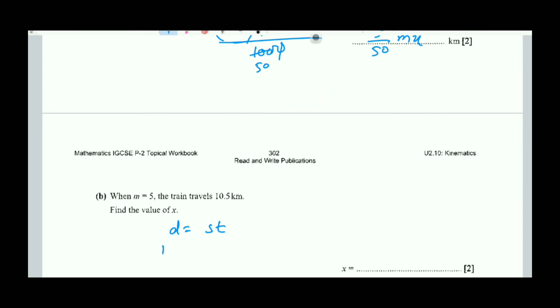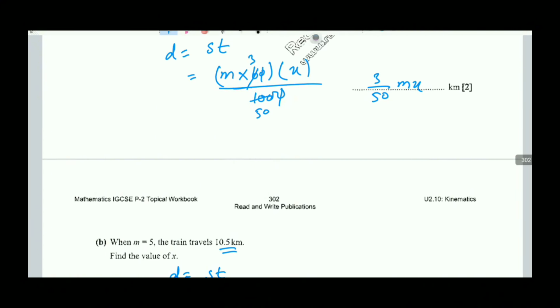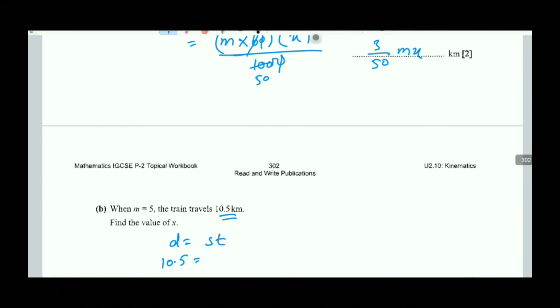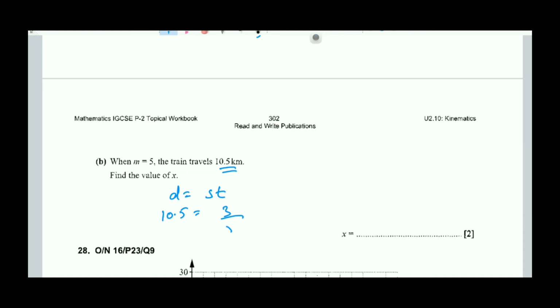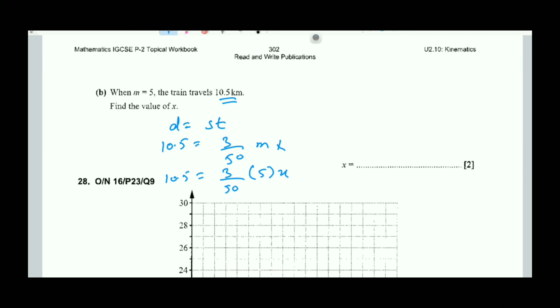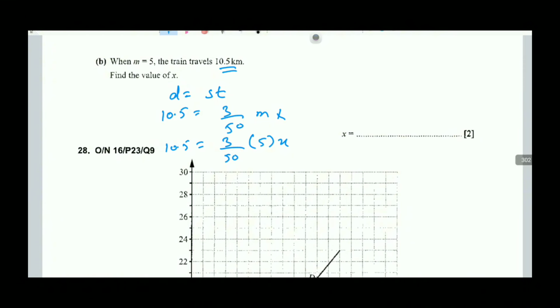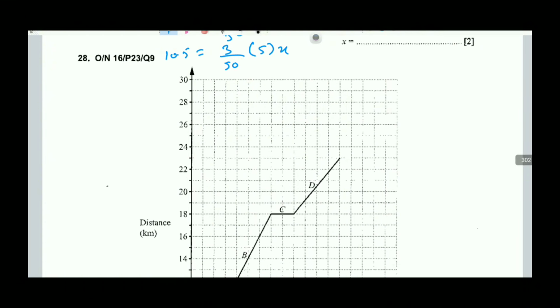Same formula will be used. 10.5 is distance and speed into time is 3 by 50 mx. We will take it from part 1, mx. So in place of m you will put here 5, x will be as it is, equal to 10.5. So this is the way how you will find the answer. You will simplify and you will get the answer of x. Make x the subject, in other words.